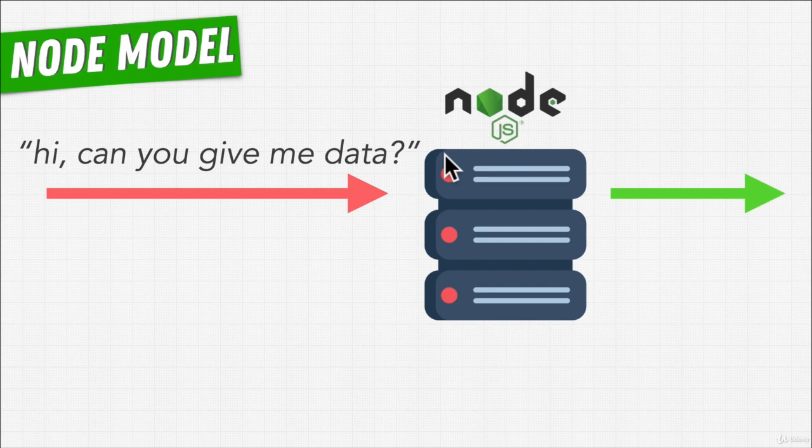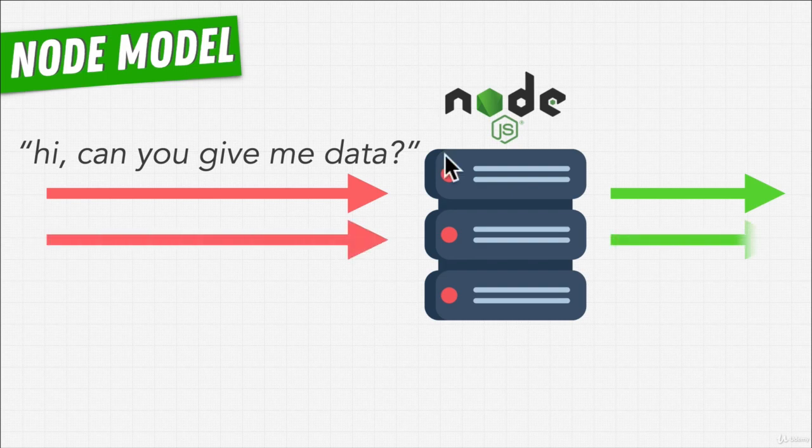That event loop is generally pretty good at juggling multiple requests as they come in and passing off any hard work so your server doesn't freeze, or as we call it, it doesn't block.